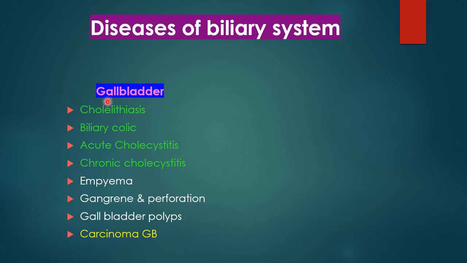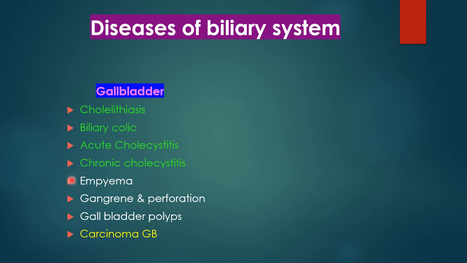For the gallbladder, the first four in green are the most common conditions: gallbladder stone or gallstone disease, biliary colic, acute cholecystitis, and chronic cholecystitis.